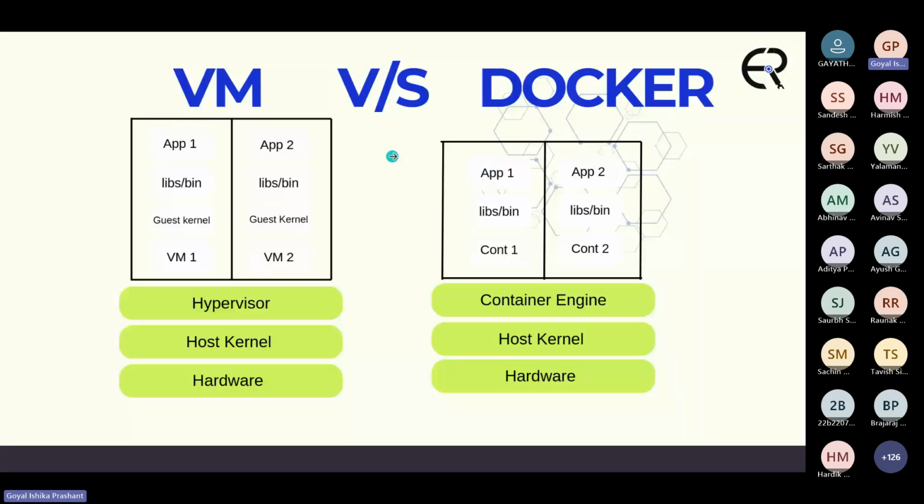So what is the difference between the two? Now, a virtual machine is basically an independent computer, so it will have its own OS. So for each virtual machine that you have installed onto your computer, let's say you have two virtual machines installed, you will basically have three operating systems in your computer, one for each of the virtual machines and one being the OS of your own computer.